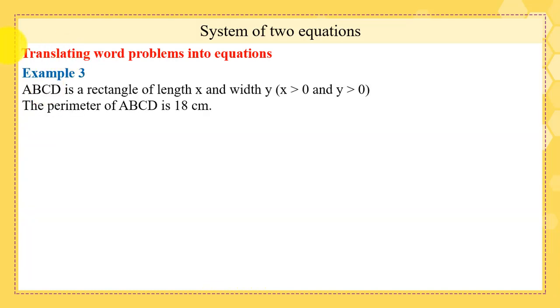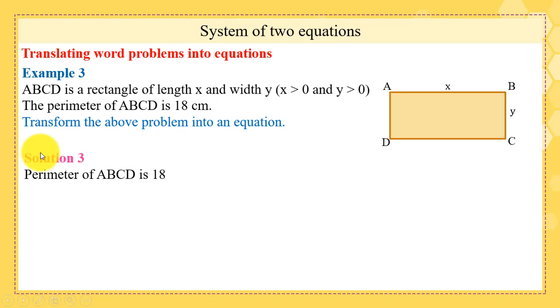Example on geometry. ABCD is a rectangle of length x and width y, x greater than 0 and y greater than 0. The perimeter of the rectangle ABCD is equal to 18 centimeters. As we know, the perimeter of the rectangle ABCD is equal to the sum of the sides.